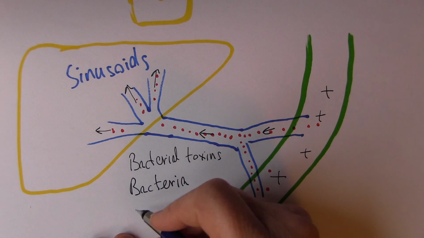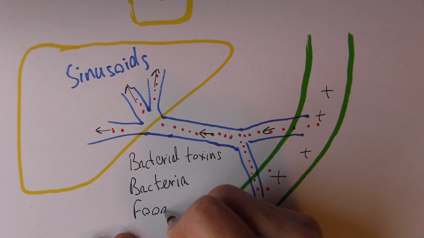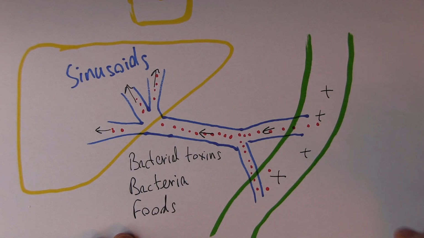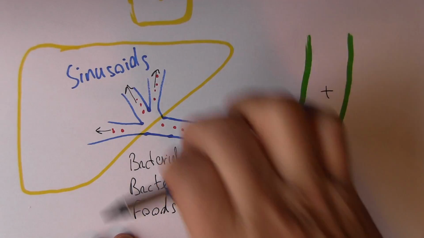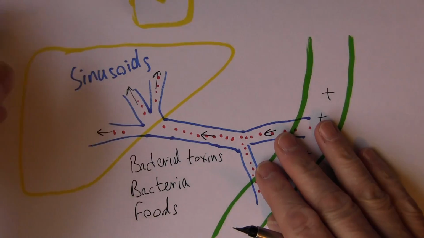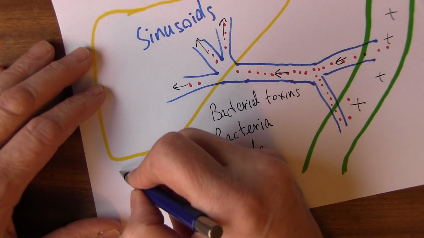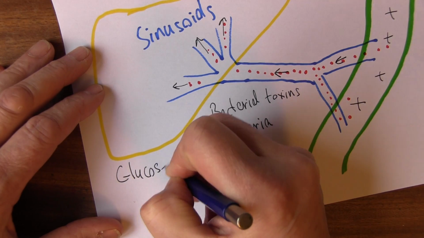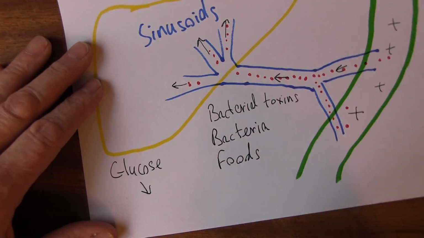Also, foodstuffs. So food is going to be absorbed from the gastrointestinal tract and go straight to the liver. So, for example, if we take too much glucose, the liver will store that as glycogen.